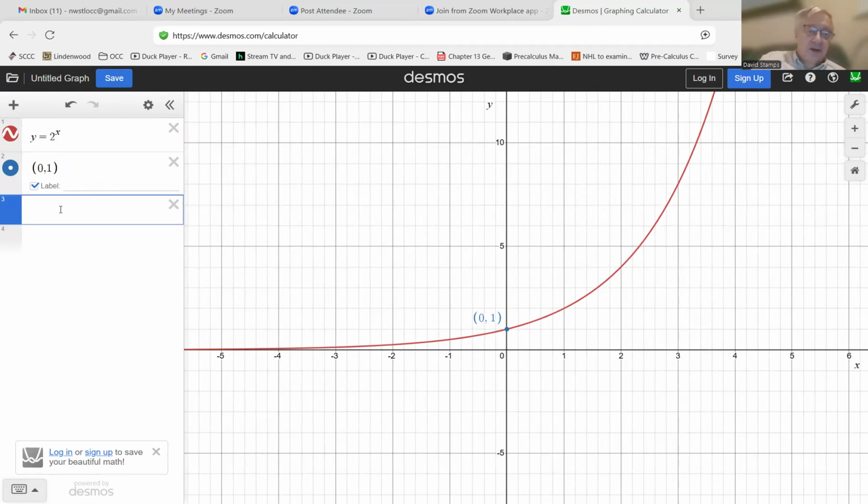Now let's put a couple of others here on the graph. Let's say when x is -2, then we would be replacing x with -2. We'd have y equals 2 raised to the -2 power, which is 1/4. And so here it goes, and we'll label that point.